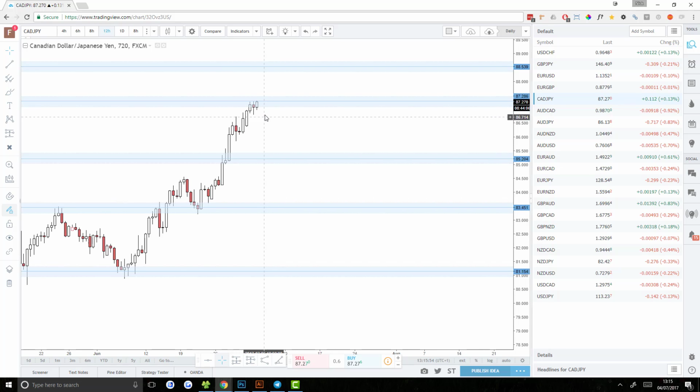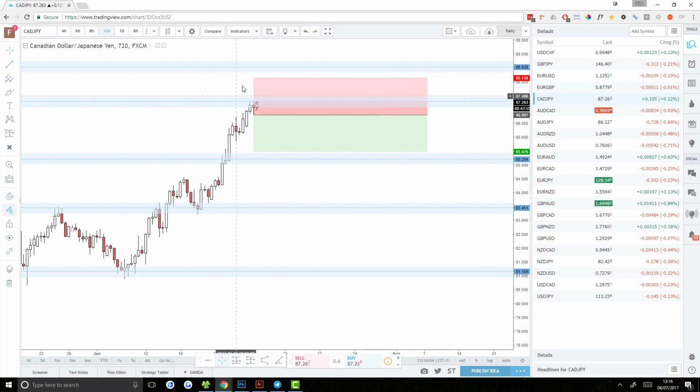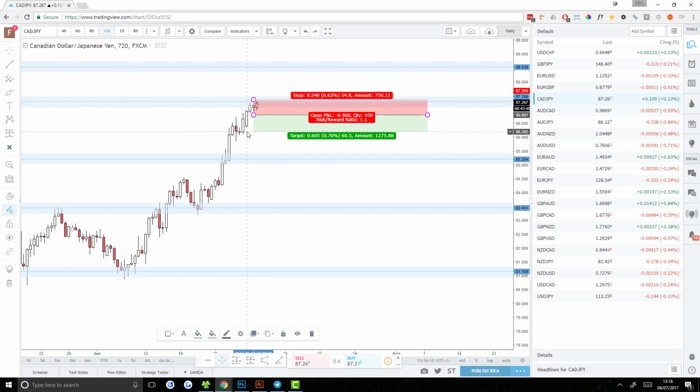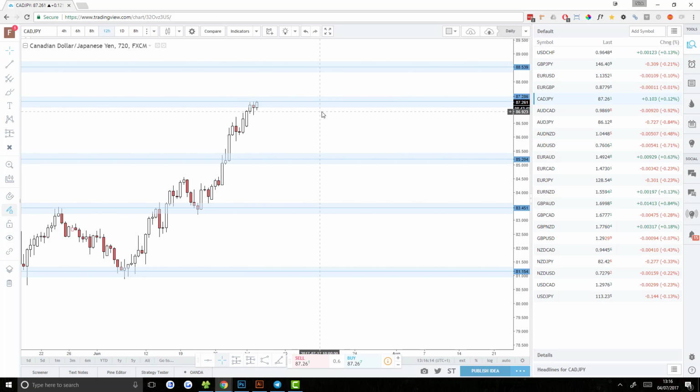I mean, the 12-hour, maybe we could take a short here. Don't really like how that wick closed. I mean, there's potential here, but it's not that good. Probably just going to skip this, to be honest.